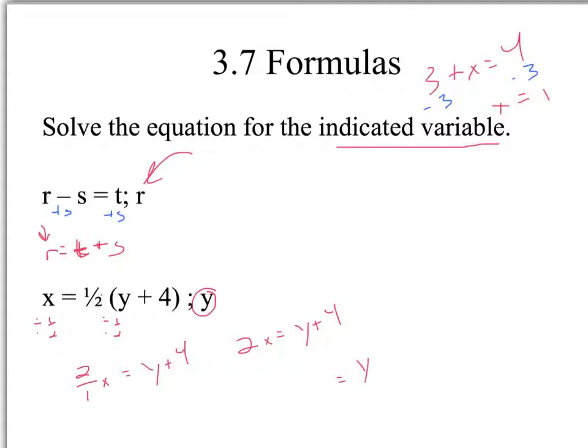So in order to get rid of that plus 4, I need to subtract the 4, just like I would in a previous problem. Can I combine 2x and negative 4? Absolutely not. So my answer is y is equal to 2x minus 4. I don't have a numerical answer, but I solved for y. I got y all by itself.